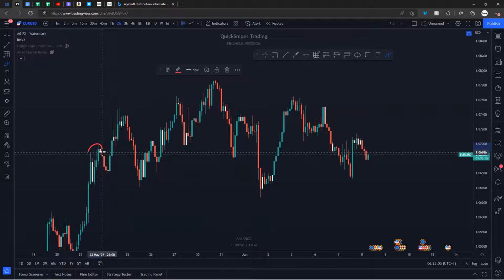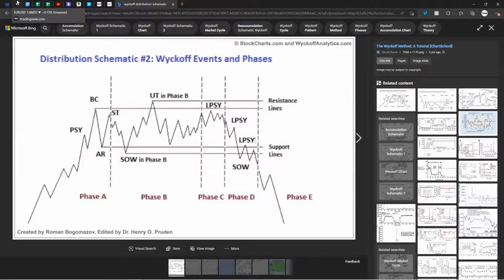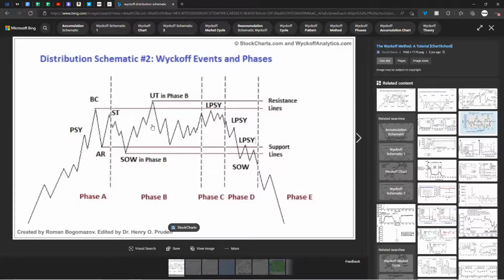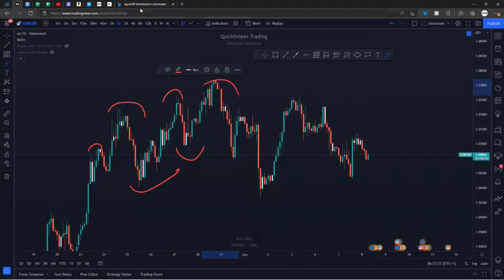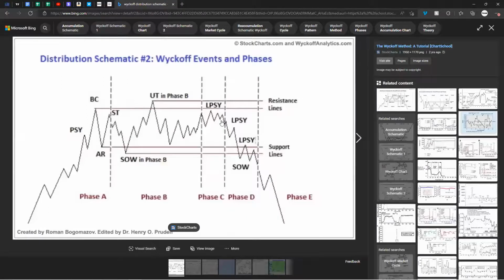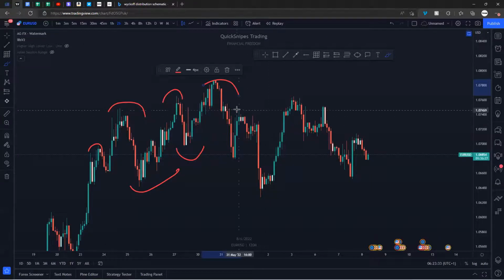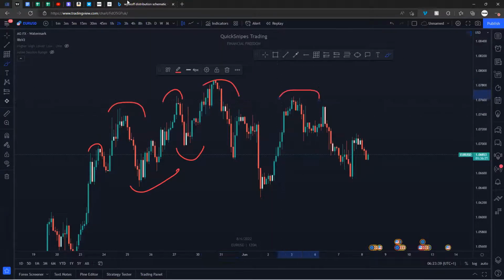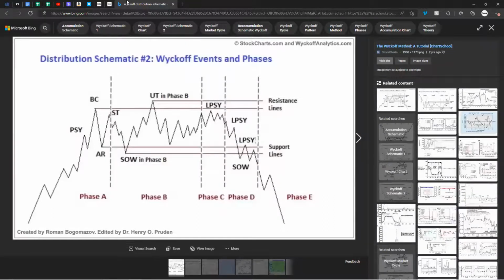Preliminary support, buyer's climax, automatic rally, secondary test, sign of weakness, upthrust, last point of support over here. Yeah, last point of support.